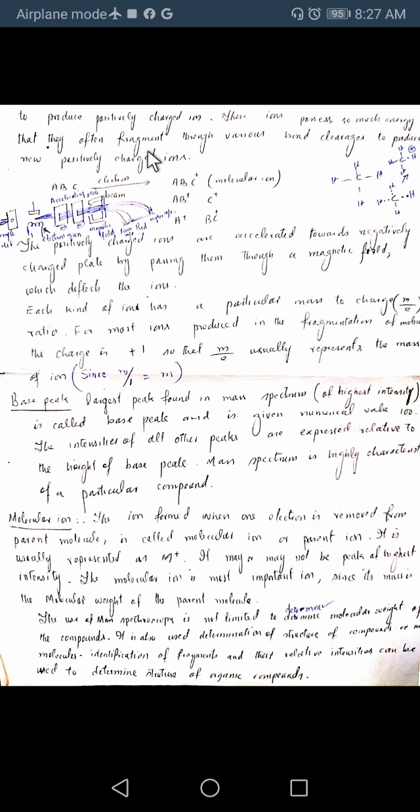If an electron beam of 10 electron volts is used, then fragmentation is minimized, and mostly you get the molecular ion peak.